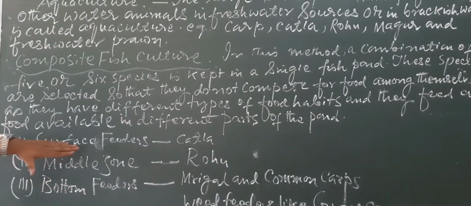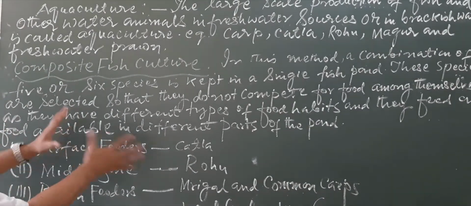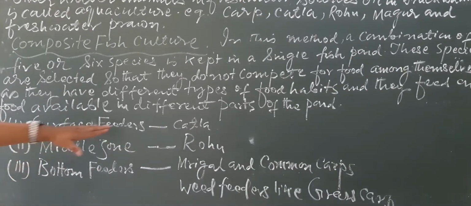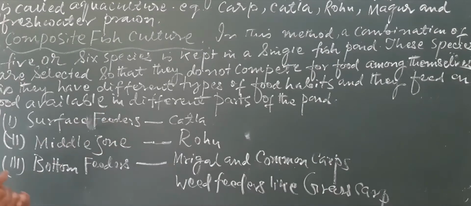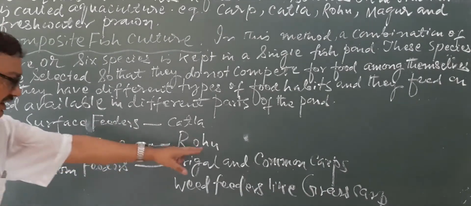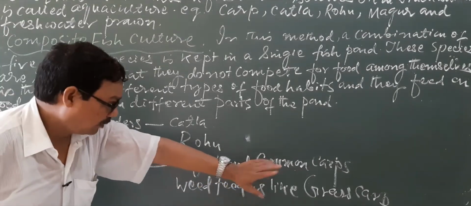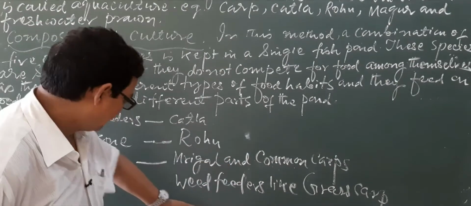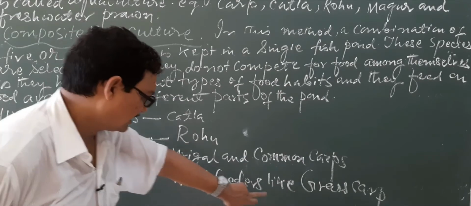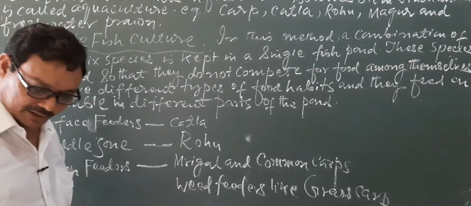Here I have given the different levels and what types of species feed at each level: surface feeders, katla; middle zone feeder, rohu; bottom feeders, mrigal, common carp; and also weed feeders like the grass carp, which eat aquatic weeds available in the pond.